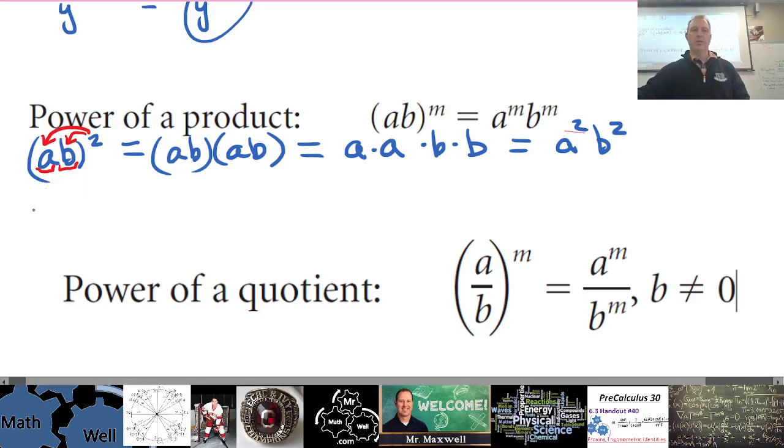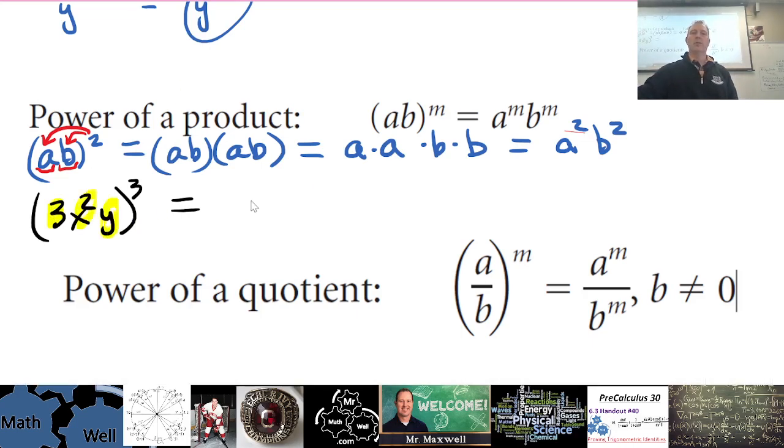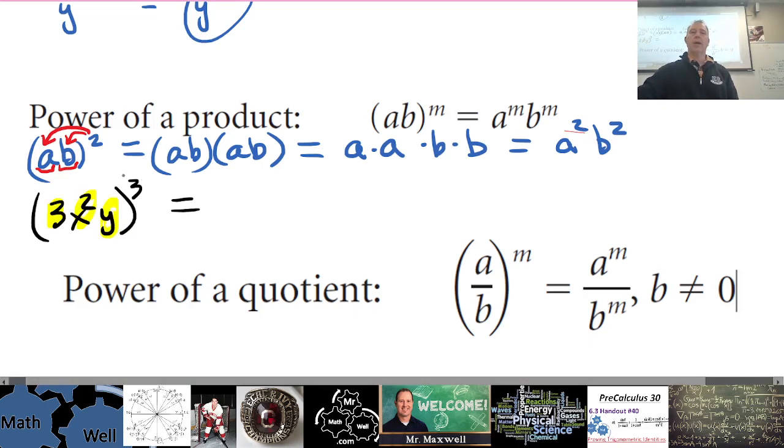Watch this. Are you ready for this one? 3 x squared y, all cubed. Oh my goodness. Because 3 is a factor here, and x squared is a factor, and y is a factor, this exponent applies separately to each one.